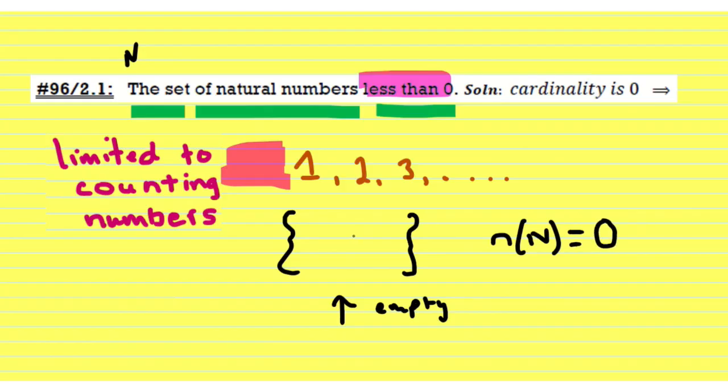It is 0 because there are 0 elements in here. So that is a definite number. 0 is a definite number. So it is a finite set because 0 elements or 0 members is a definite number. And so therefore we have a finite set.